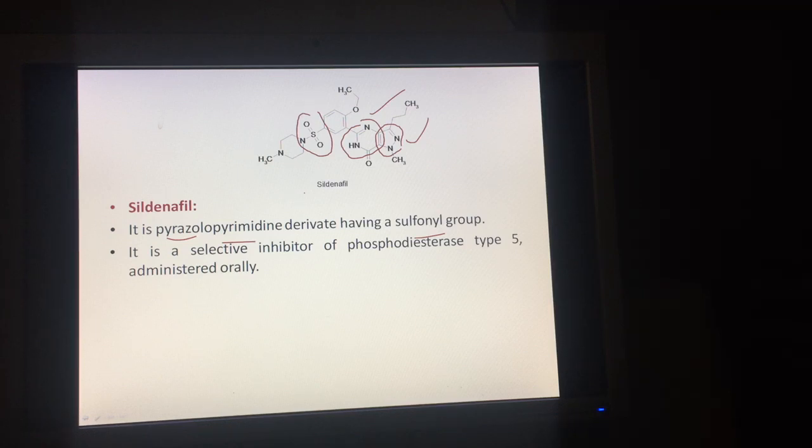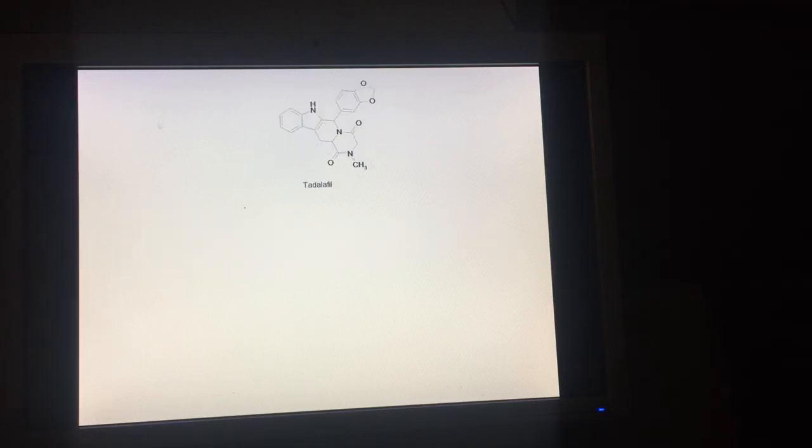Another drug in the syllabus is tadalafil. If you look at the structure of tadalafil, it consists of a tricyclic ring system. This tricyclic ring system is called carboline, and this is basically a beta-carboline, which is an indole ring system fused to a pyridine ring system.